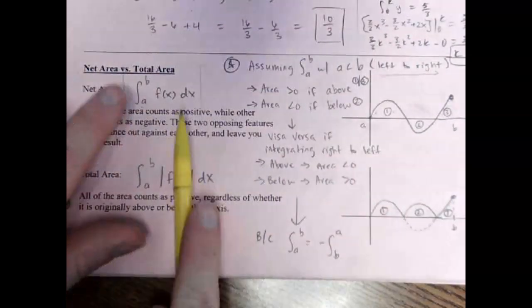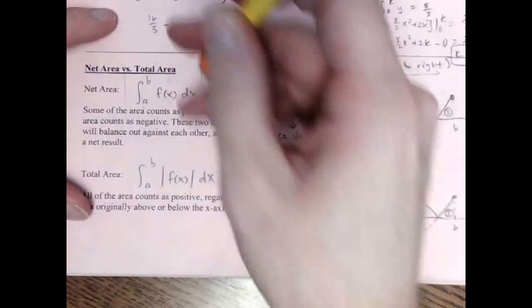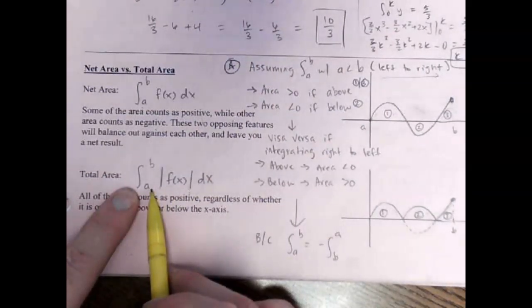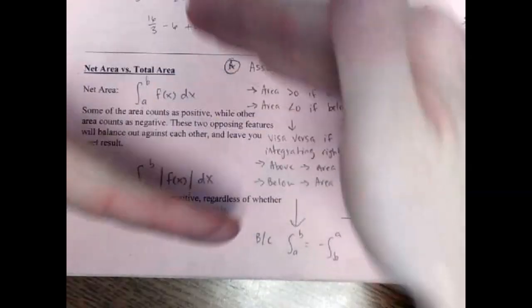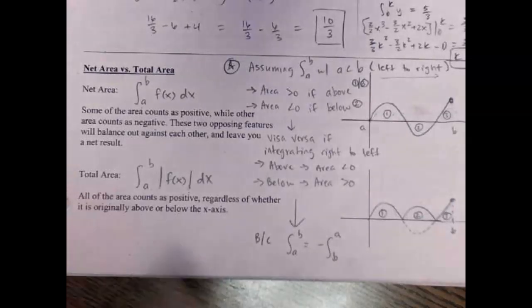When you do the integration, the positives and the negatives cancel out, and then you'd be taking the absolute value of the result. No, you would need to cancel out the negatives first, so you'd have to do the absolute value and then integrate. If you do the integration, that's when the positives and the negatives are canceling against each other. You need to do the absolute value first, then integrate to get the total area.